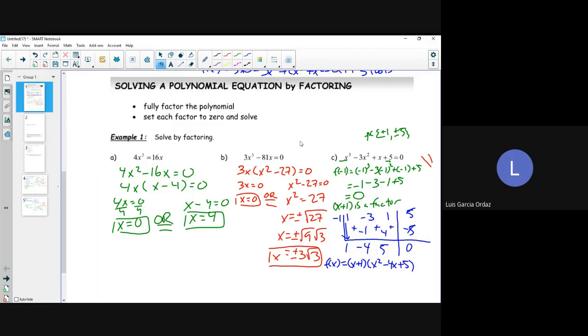What do we need to determine from the quadratic formula that can help us easily identify if this is factorable? You know the square root portion of it? Yeah. So we need to calculate the discriminant. And if it's a negative number, it can't be factored because you can't have a negative square root. If it is a positive number, you can factor it, which means we'll have 2 roots or 1 root.